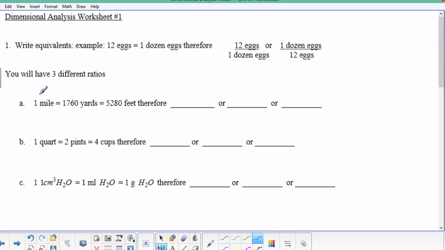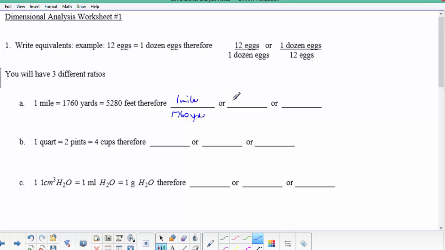The first one, A, we could say that 1 mile is equal to 1,760 yards, but we also know that 1 mile is equal to 5,280 feet. Therefore, we can write 1 mile is equivalent to 1,760 yards.